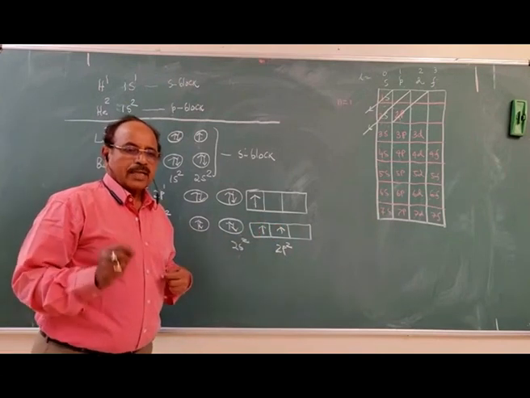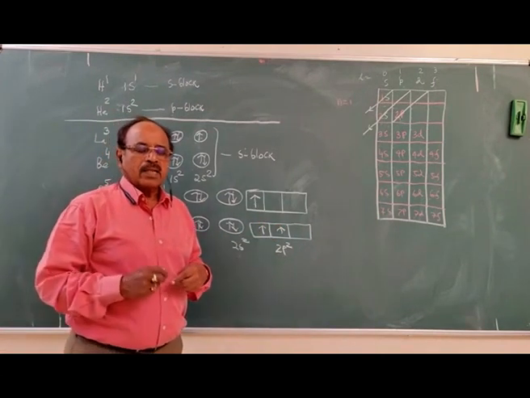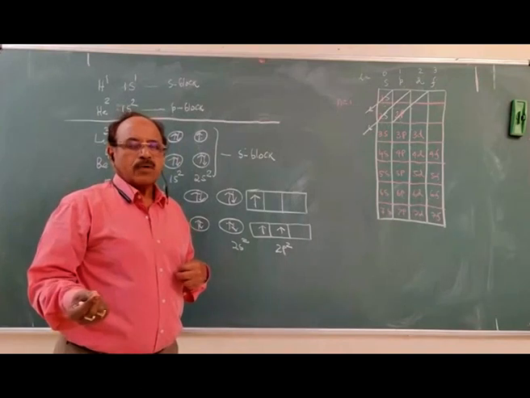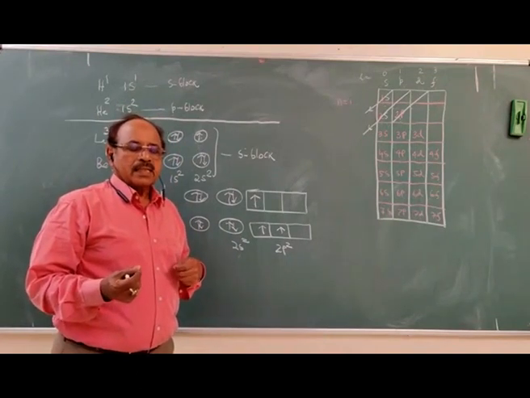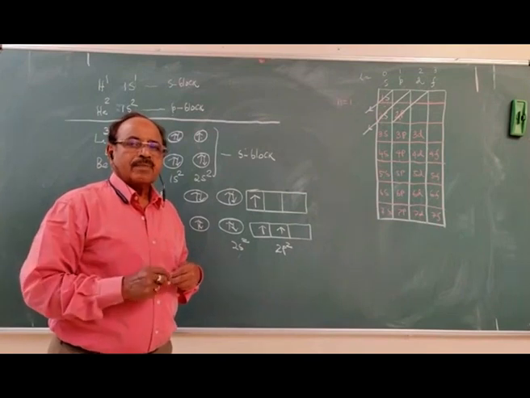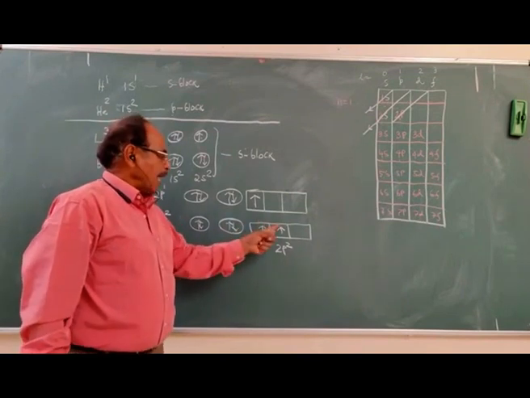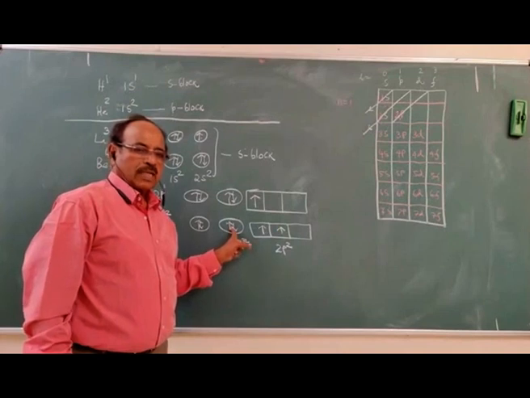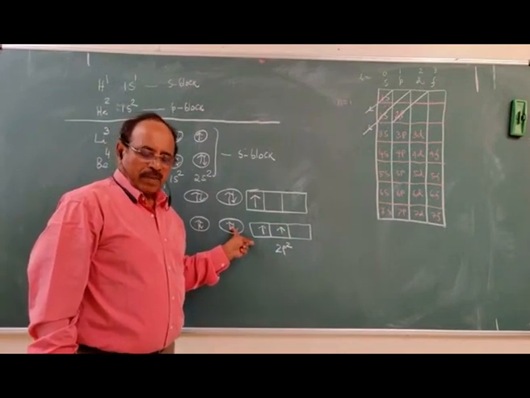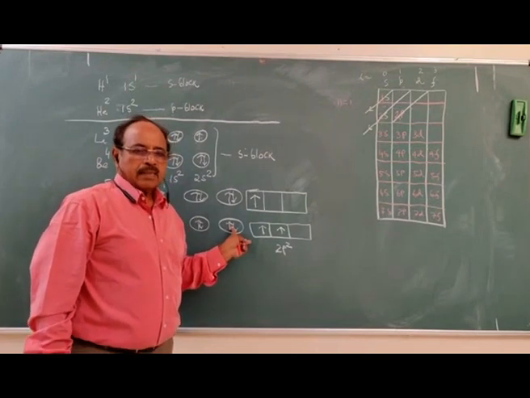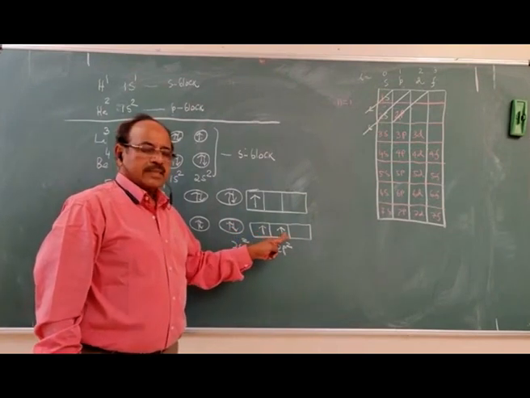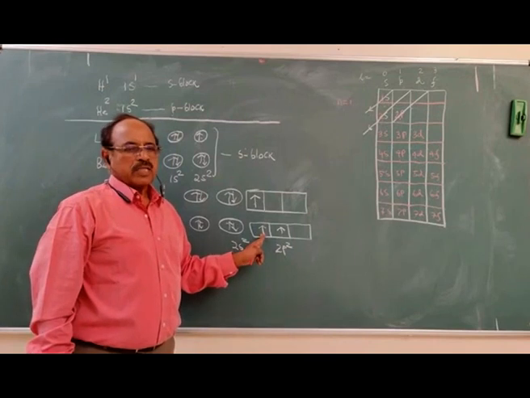As I told you, the group number indicates the number of electrons present in the outermost shell, and also the maximum valency an element can exhibit. Carbon exhibits valency 4 in carbon dioxide, and valency 2 in carbon monoxide.